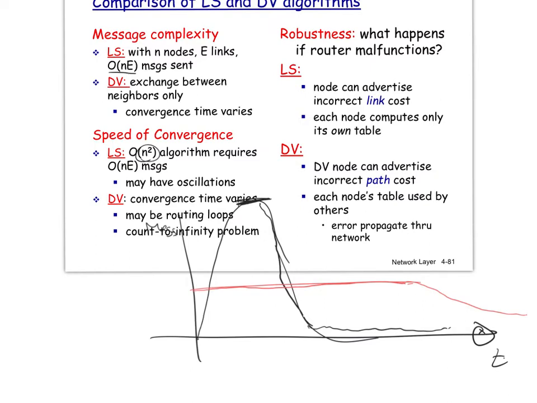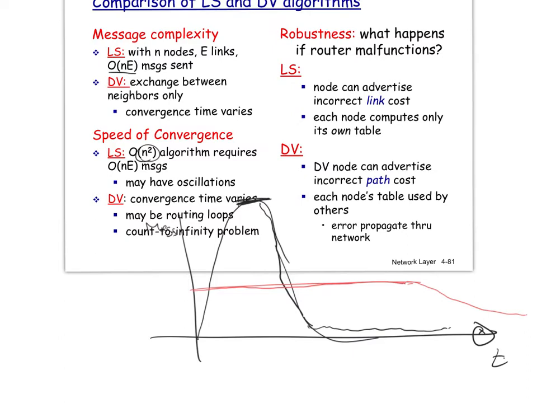One router is attacked, and it reports some wrong costs about some of the links. Okay. So in link state routing protocols, the node will advertise this incorrect link. So what is the effect of advertising a wrong state about one link, for example?